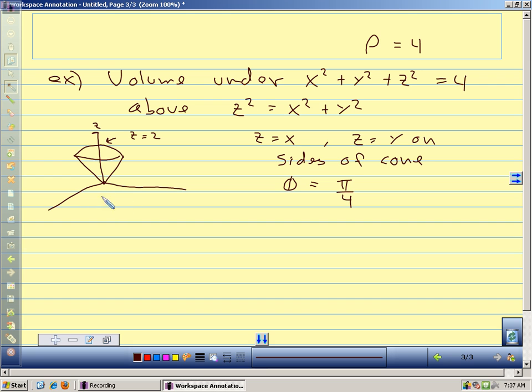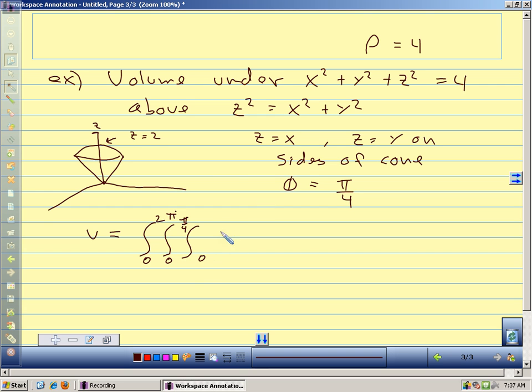So here's one thing that's nice about spherical coordinates. I don't have to project this region into the xy plane and figure out the region in my xy plane. I can just look at the region that I'm interested in and translate that into spherical coordinates. So my volume becomes, we've just figured out our limits, theta equals 0 to 2 pi. Phi goes from 0 to pi over 4.